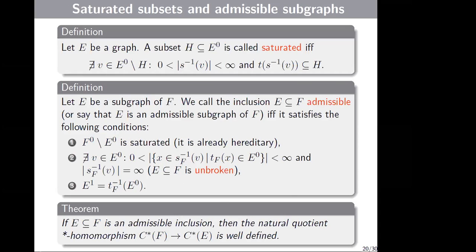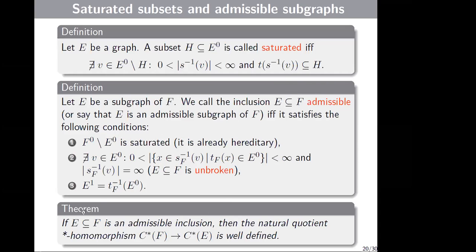I'm removing these vertices. I'm not shrinking them to one vertex. But don't be surprised when you read some literature, like say the Leavitt path algebra book, that such an E is called the quotient graph of F. I prefer to call that admissible. But never mind, this is just terminology.